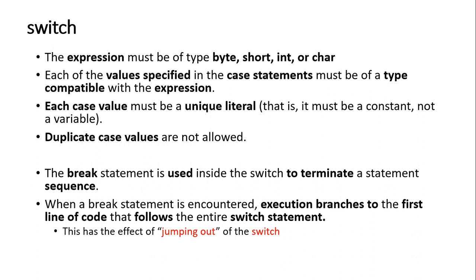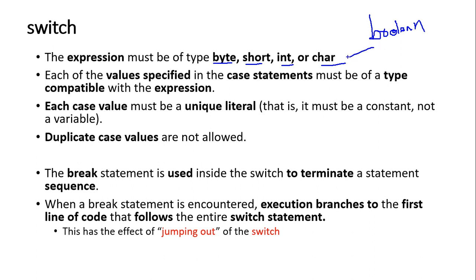By the way, if you notice here, I have just forgotten to tell you something. What you have here is byte, short, int, char, and there is no boolean. Even though I gave you an example where it was boolean, booleans are not allowed.